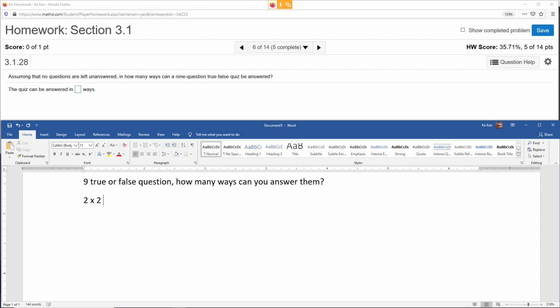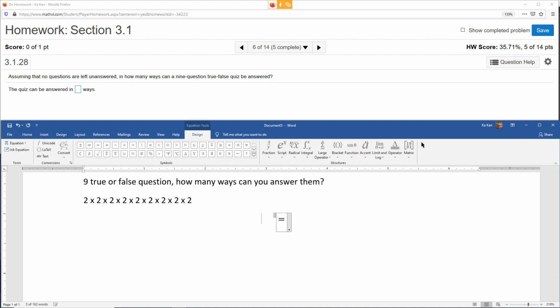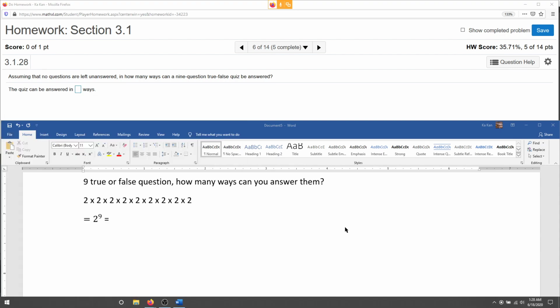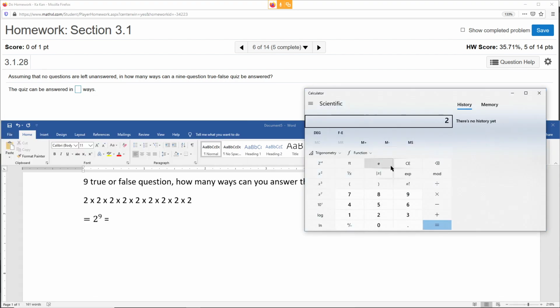You basically keep on multiplying 2 until you get to the end, and we have 9 questions. So this is really just equal to 2 to the 9th power. That's all it is. Let's use a calculator for 2 to the 9th power, which is right here.